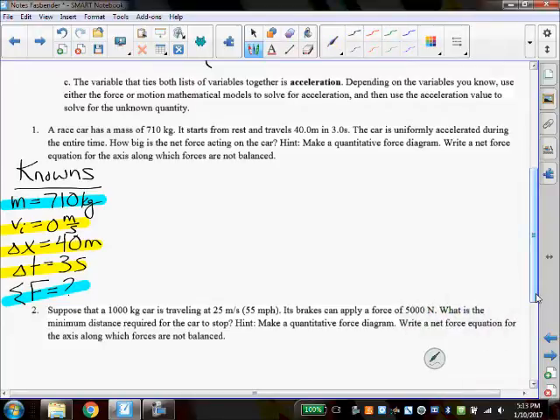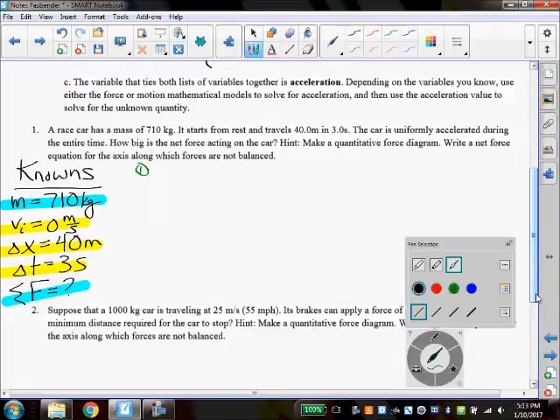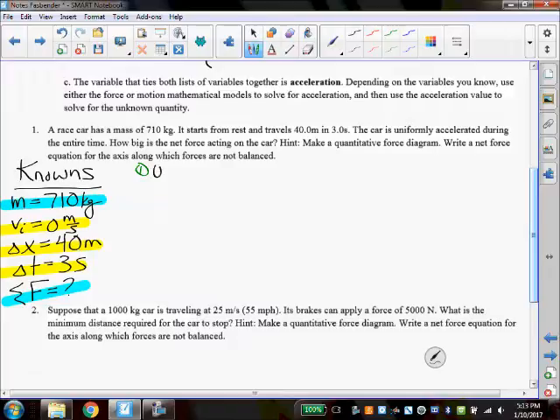So what we're going to do is start with all of this motion stuff to find the acceleration. So we're going to use motion to find acceleration. We want to use an equation that has acceleration, vi, delta x, and delta t.